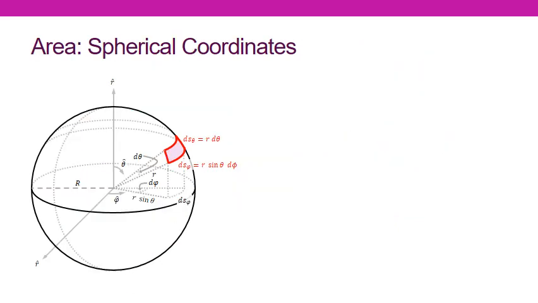Putting it all together now, we found that our area element is r squared sine theta d theta d phi. Our total area is going to be the integral of all our little differential areas. We know that our r is now the radius of this sphere.